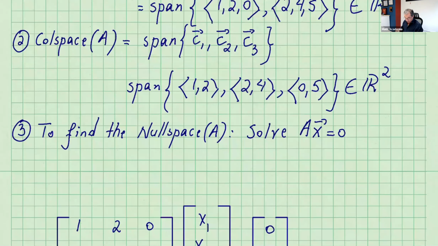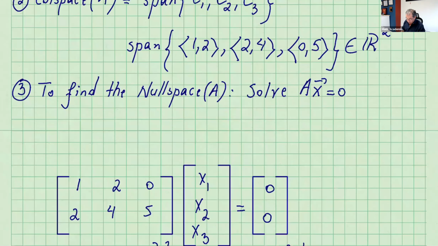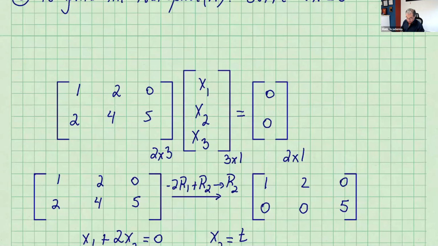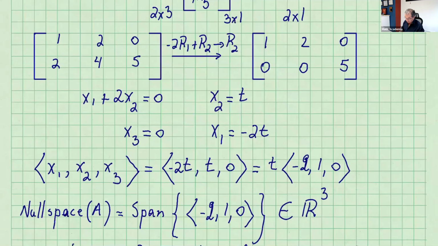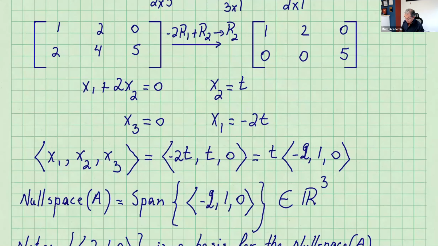To find the null space of A, you have to solve the homogeneous system. So I did write it here. That means you can take your matrix times x1, x2, x3, and you put 0 here. And if you want to do this fast, you can just write the matrix and then find the RREF of that matrix by doing some row operations, and that's what you get.